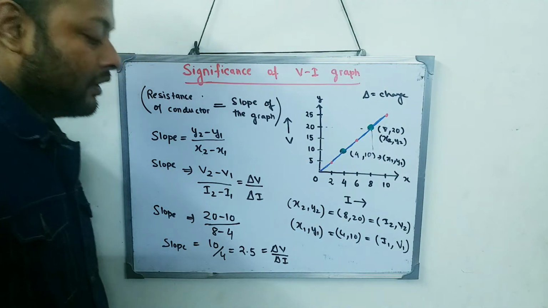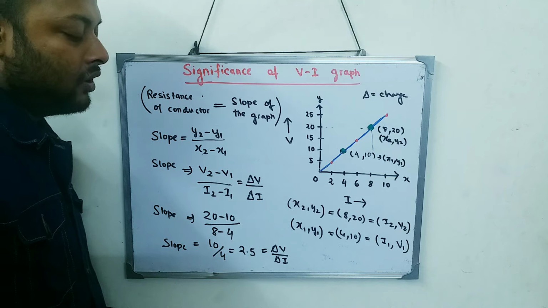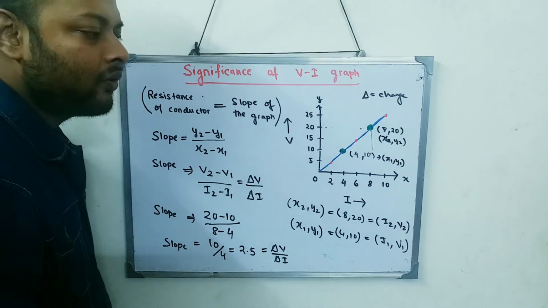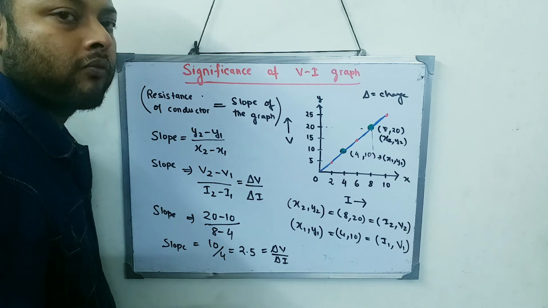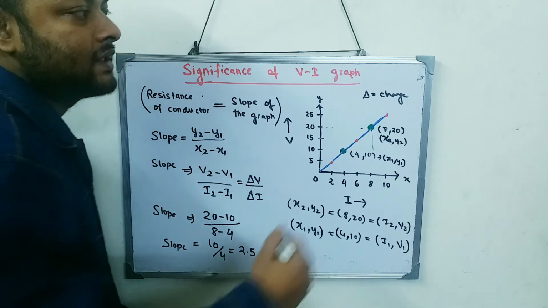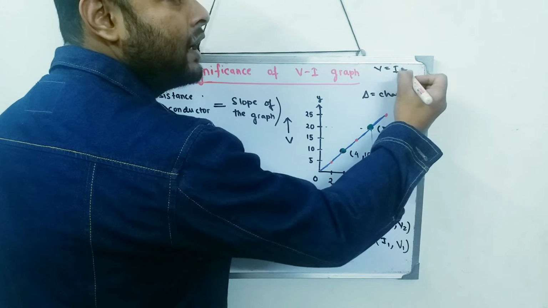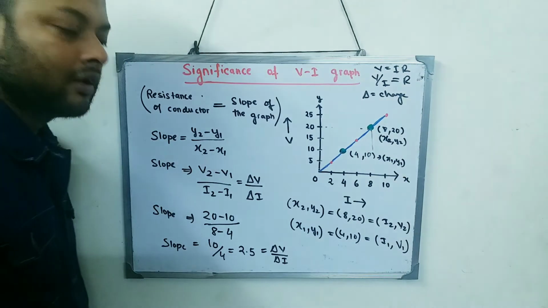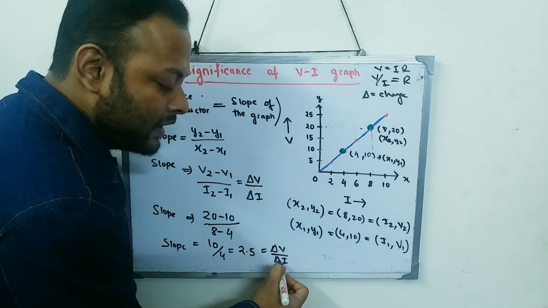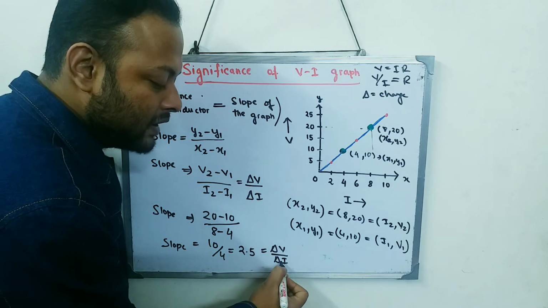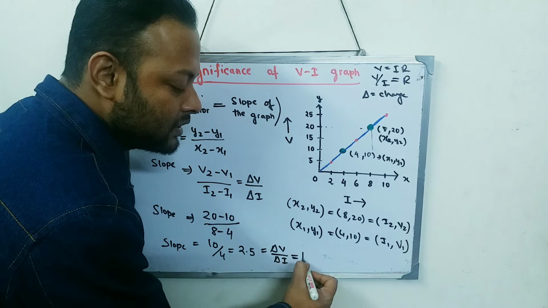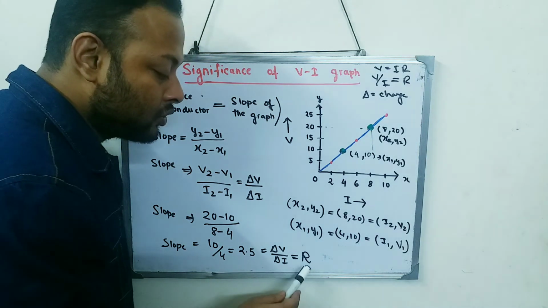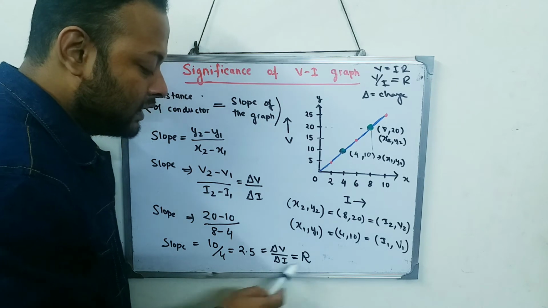Now, according to Ohm's law, V is equal to IR, so R becomes V by I. So this delta V by delta I, the change in voltage by change in current, represents nothing but R, resistance. So the resistance is equal to 2.5.